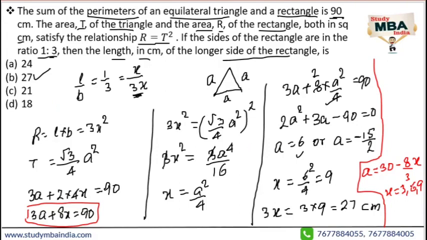Let us say if 6 satisfies, that means 3 into 6 square should be equal to root 3 by 4 into a square. A at x equal to 6 will be 30 minus 8 into 6 by 3, 6 by 3 is 2, 8 twos is 16, 30 minus 16 will give you 14. So at a equal to 14 and x equal to 6, this condition will not be satisfied.